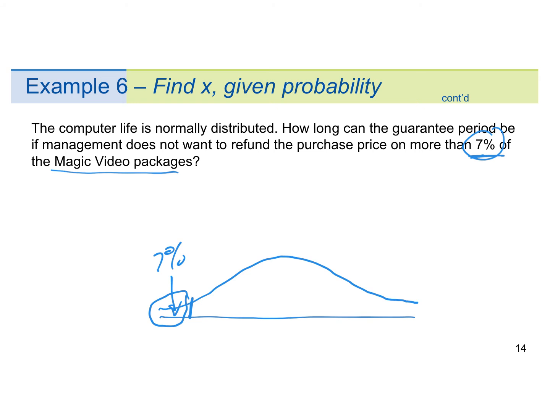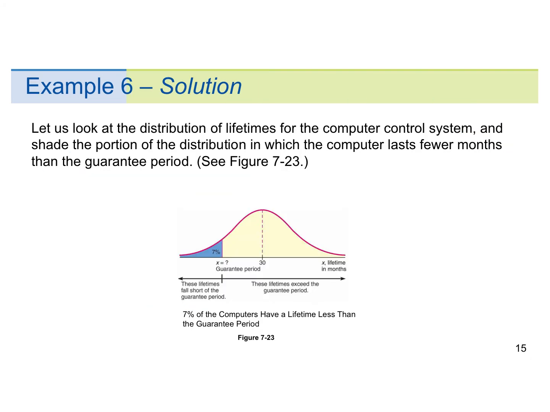But if 93% are returned, no, you're not going to be in business very long. So that's where our 7% falls. So we're going to be looking for the z-score that relates to 7%. Normally, I gave you that z-score and you looked up in the body of the chart and found that percentage. A little bit different. This is why they're inverse.